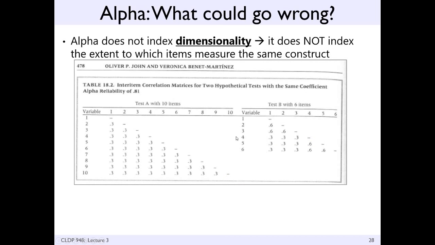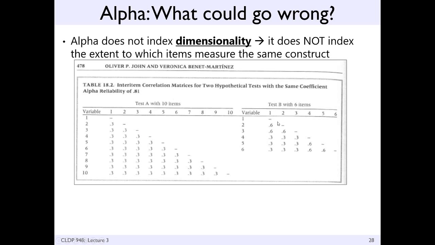So here's an example from your reading that I like a lot because it demonstrates why alpha does not indicate dimensionality in any way, shape, or form. Here is one test that has 10 items, and they are all correlated exactly the same. So this would be very strong evidence for not only unidimensionality, but also tau equivalence. All of the items appear to be equally good.